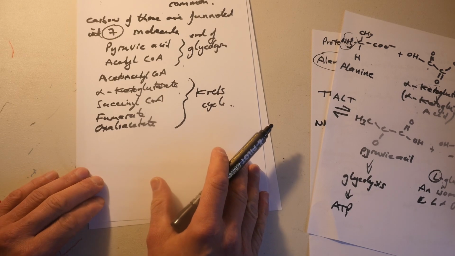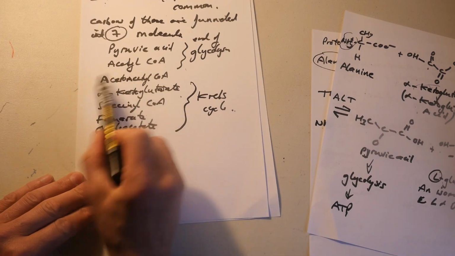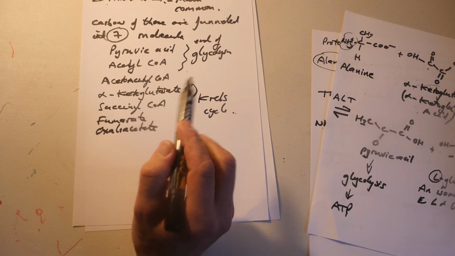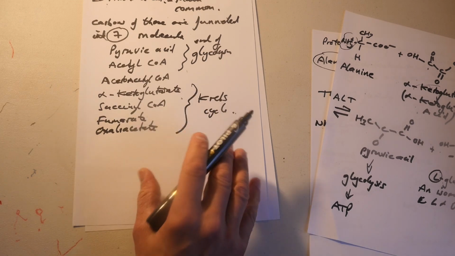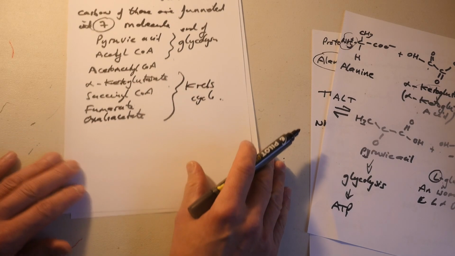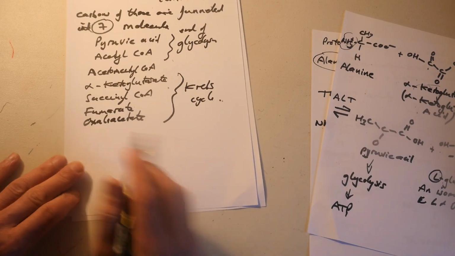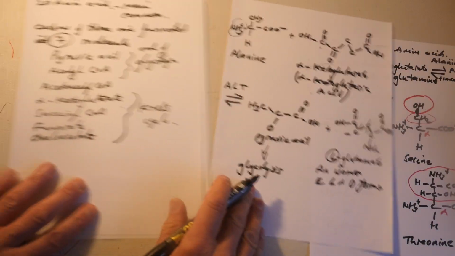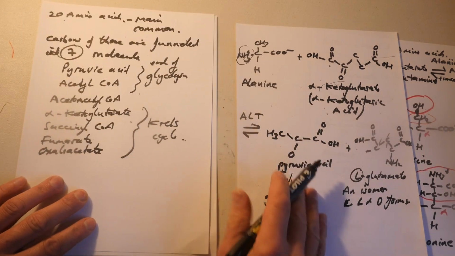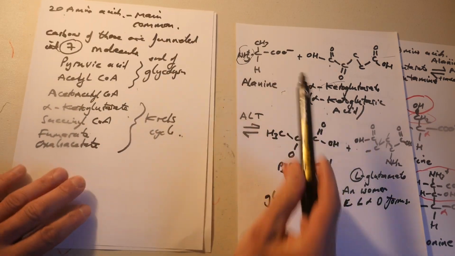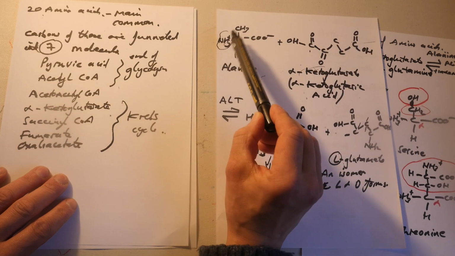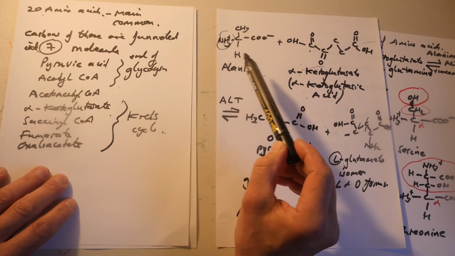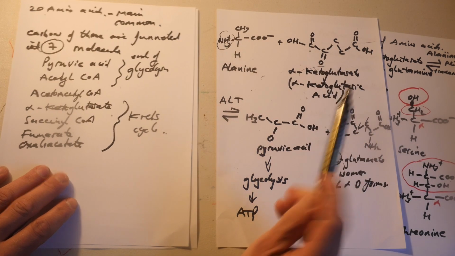I can't remember where that one comes in at the moment. So the alanine transaminase catalyzes the transfer of the NH3 from the L-alanine to the alpha ketoglutarate.